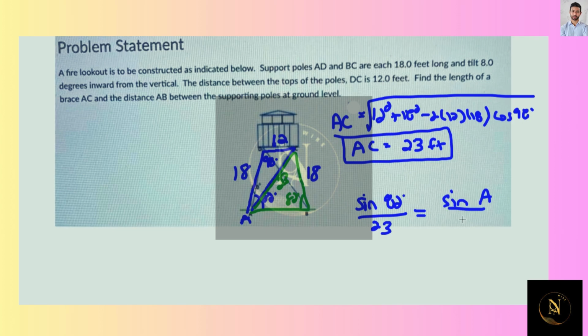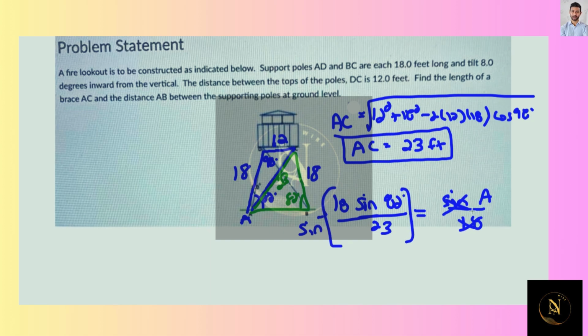This will help us find this angle, which will still help us find AB here, but we have to do it in stages. So we'll cross multiply the 18 and then inverse sine. That will get rid of the 18 and the sine.